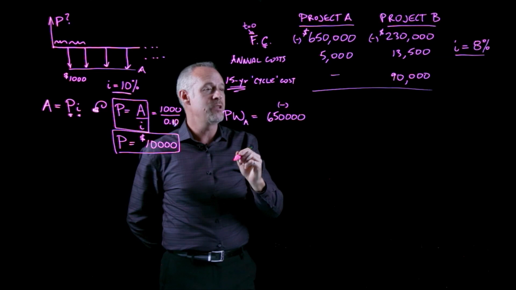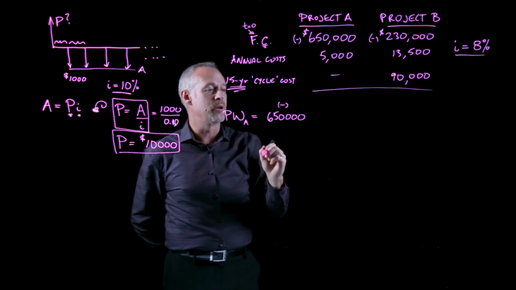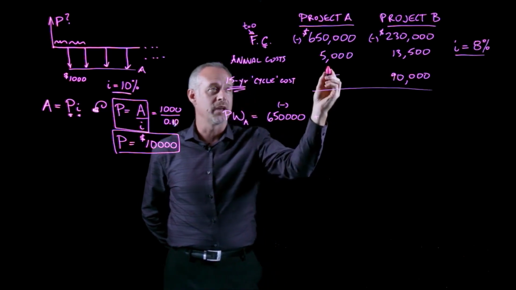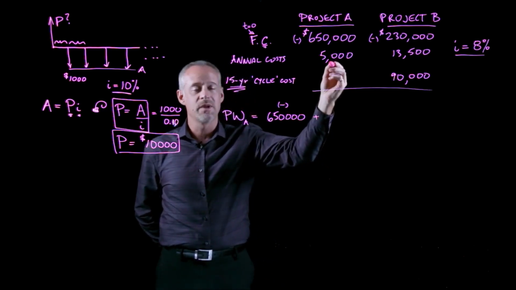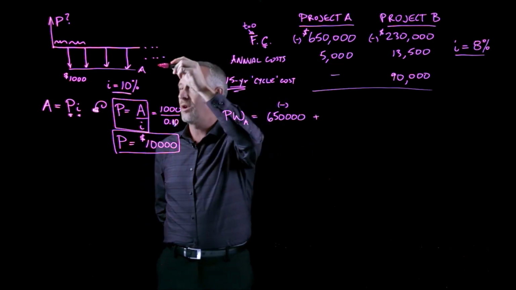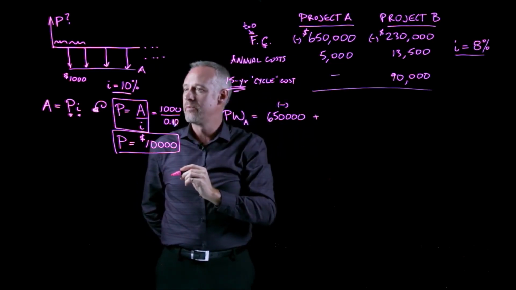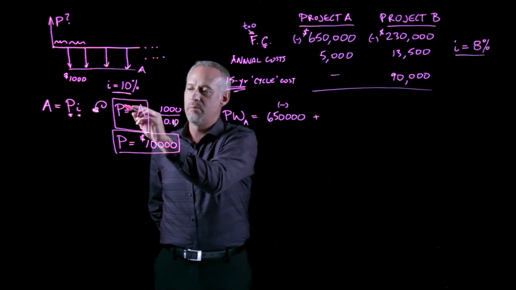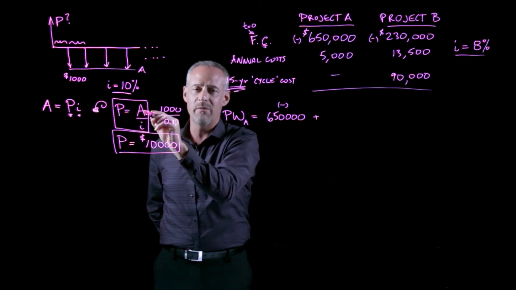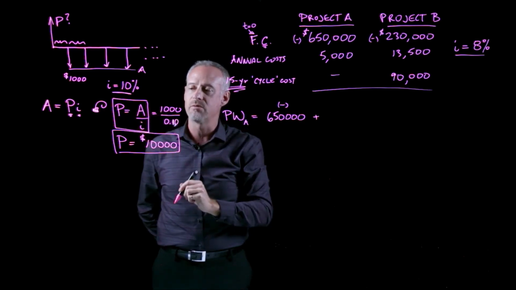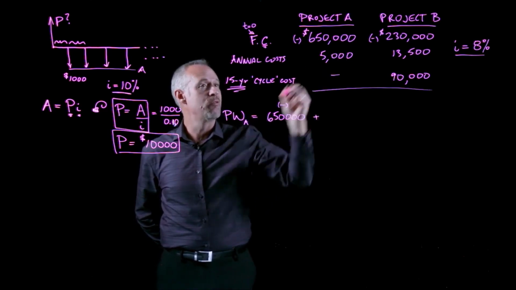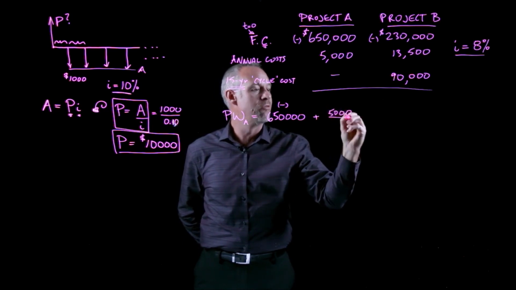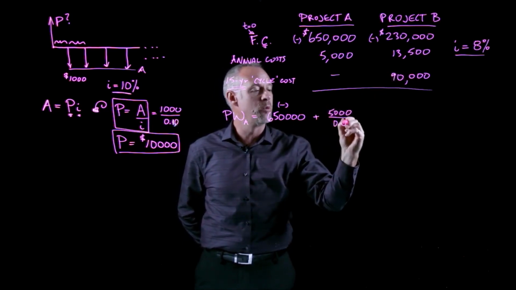I also have these annual costs of $5,000. So my $5,000, let's just think back for a second. That's $5,000 that continues every year forever. It's quite a bit like what we did over here. And in fact, like in the scholarship example, my present worth is really just the value of the payment that occurs every year divided by the interest rate. So my present worth of the $5,000 annual cost is quite simply $5,000 divided by my interest rate in this problem, which is 8%.